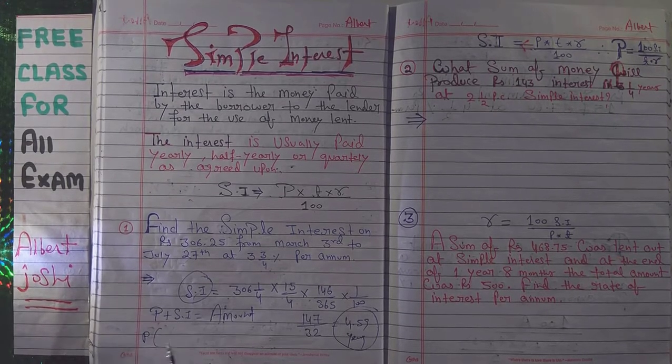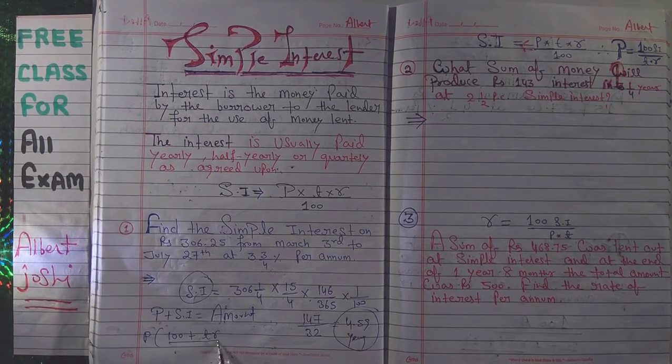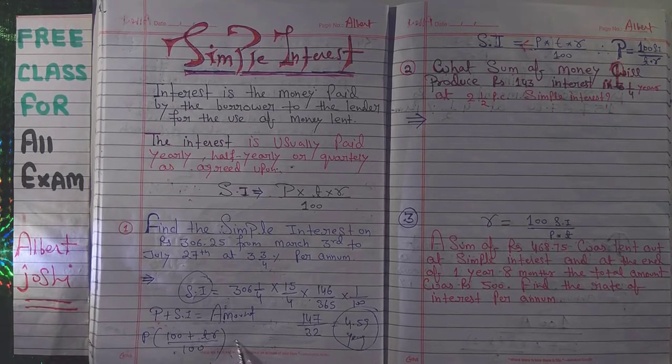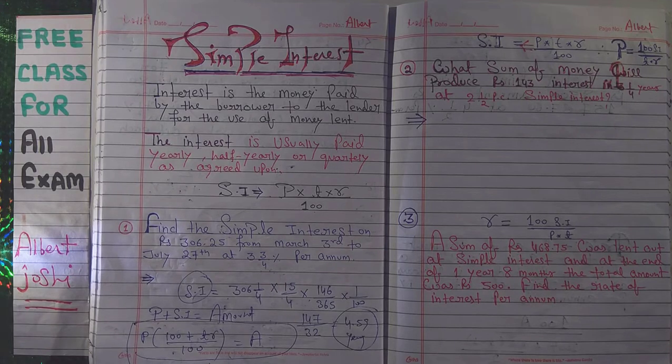Taking P outside, 100 plus TR upon 100 is equal to the amount. So your new formula is: amount is equal to P into 100 plus TR upon 100.